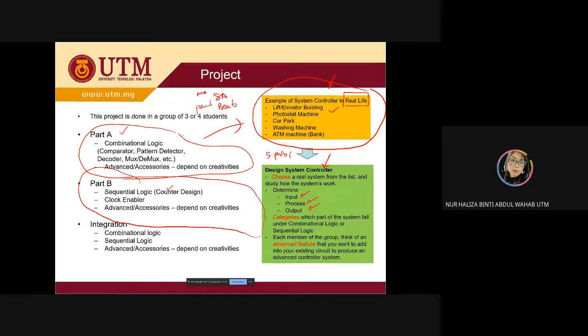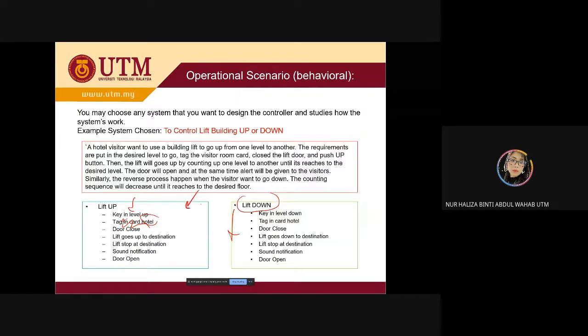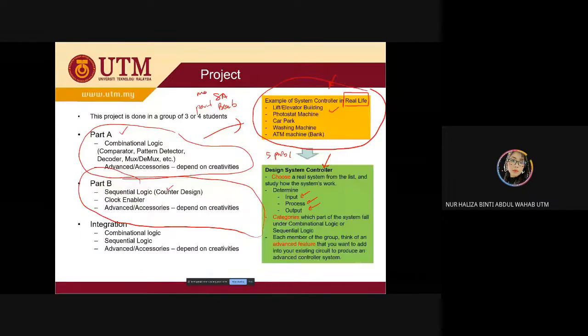Start with finding the scenario, finding what you want to have for the scenario, and then try to figure out what combinational logic you can use. Or maybe later on you need to have extra sequential logic, then you can combine.